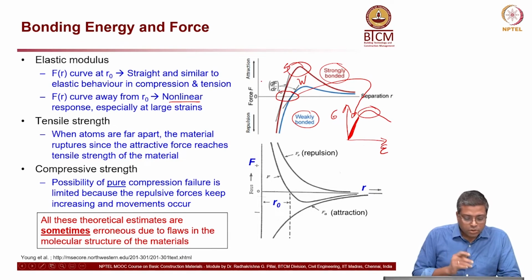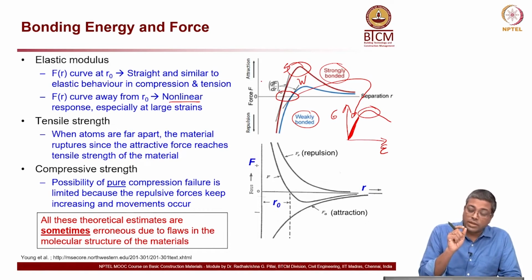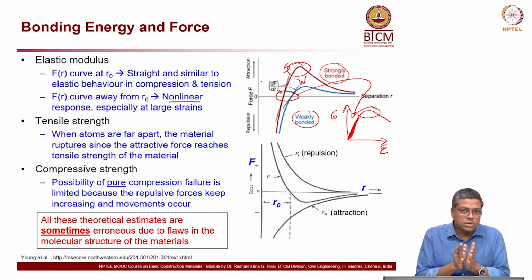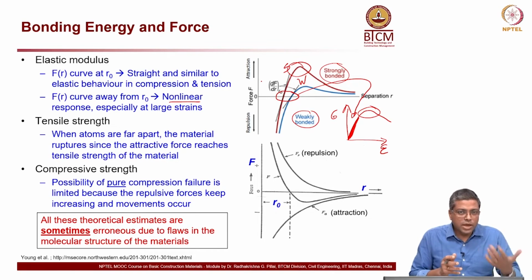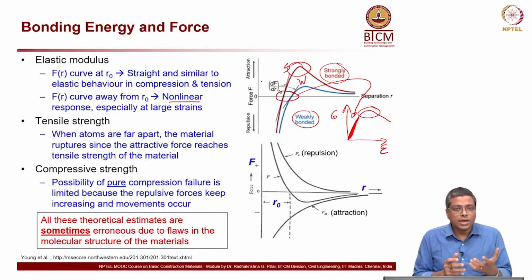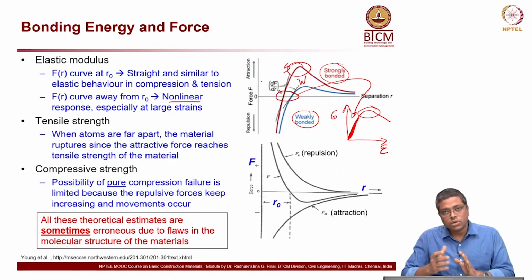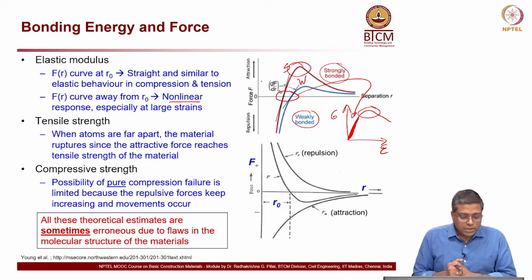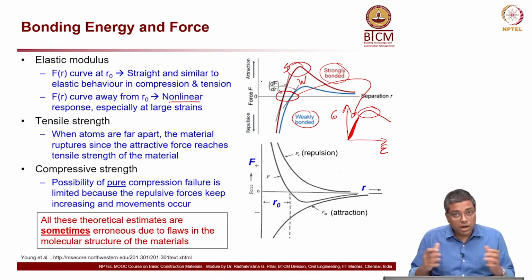So, at the beginning of the stretching, when you have very low strain, there will be a reaction from the material, and that indicates the elastic modulus, and the curve is a straight line in that region. But as you keep pulling, the curve becomes non-linear. Now, tensile strength: when atoms are far apart, the material ruptures.